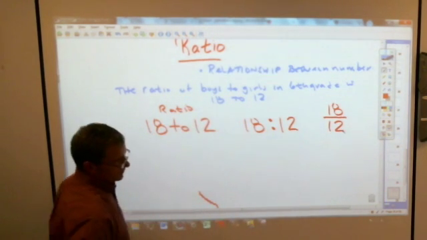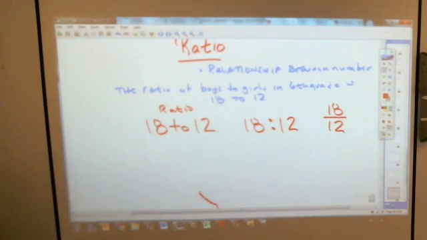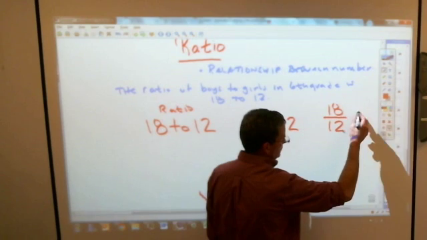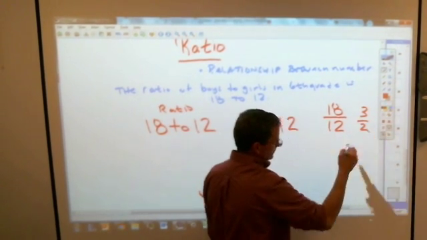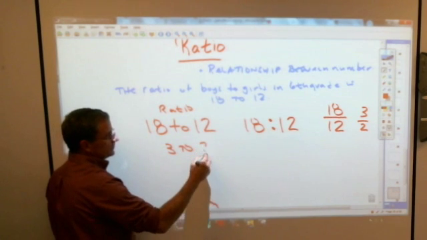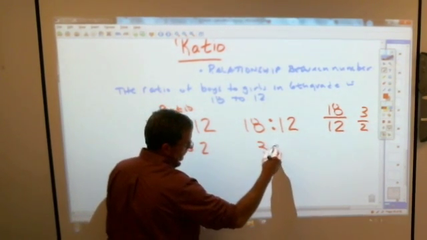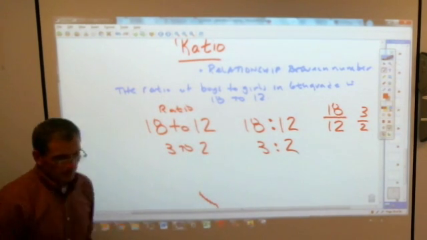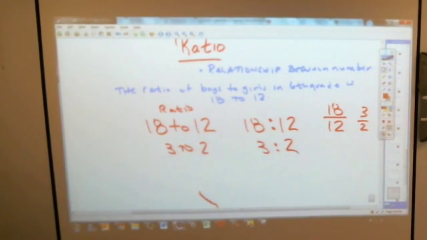And then we'd actually reduce that fraction. Actually reduce all of those, which reduced would be what? 3 to 2, right? You poor girls. If there's 3 boys for every 2 girls, oh, how do you guys survive? Anybody? How do you do it?